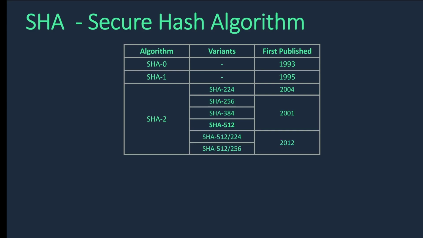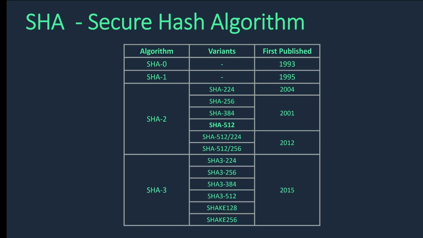In 2012, two other variants came out for SHA-2. And then lastly, in 2015, the most recent development, the SHA-3 family was published. You can see in the table that some of the names overlap. We have SHA-512 both as part of the SHA-2 family and the SHA-3 family.